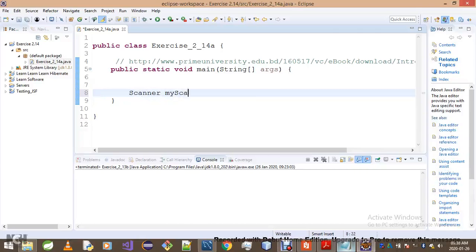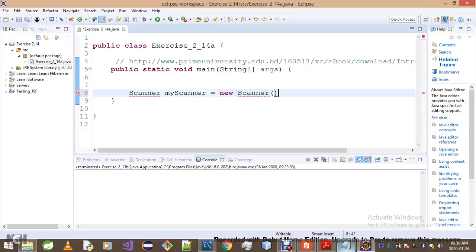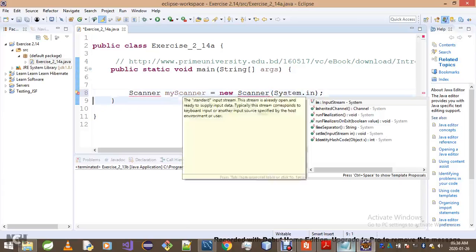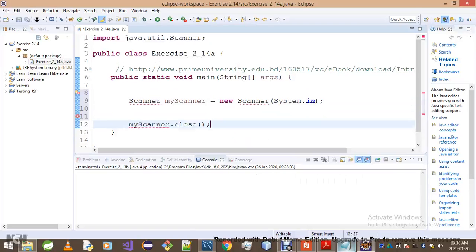First things first, we gotta create a scanner as always. Let me call it my scanner this time. I've been using scanner for quite some time, so let me do one thing for a change. It's gonna be System.in. My scanner, close.